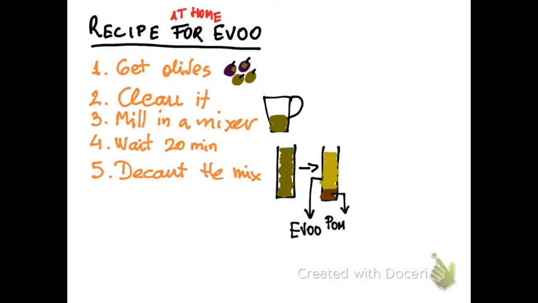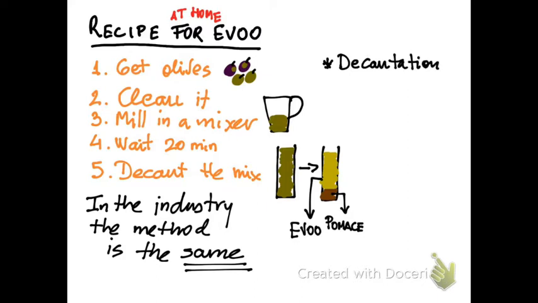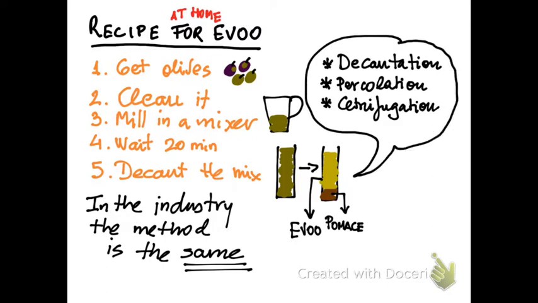When you try to do that in the industry, it's a little bit different, but the process is really the same. It's different because we can't usually use the decantation process. We can use other processes that accelerate and increase the yield, like percolation and centrifugation, which are the methods we use instead of decantation to obtain the extra virgin olive oil.